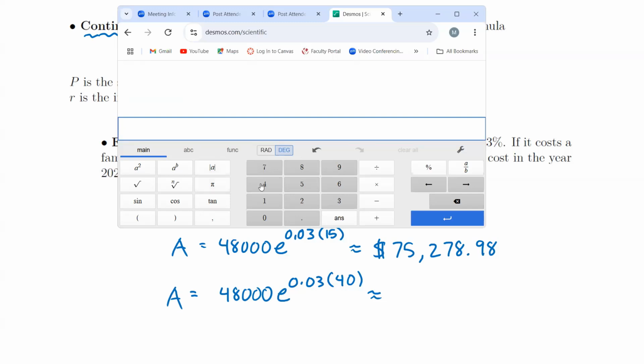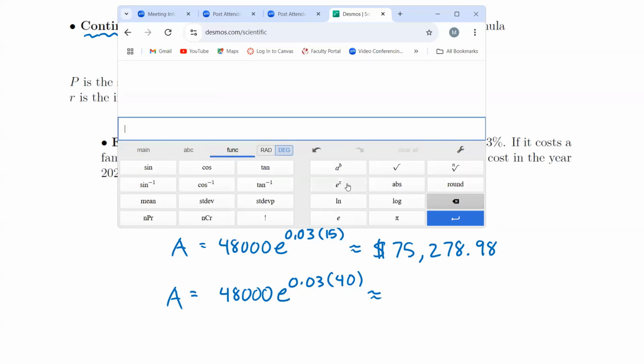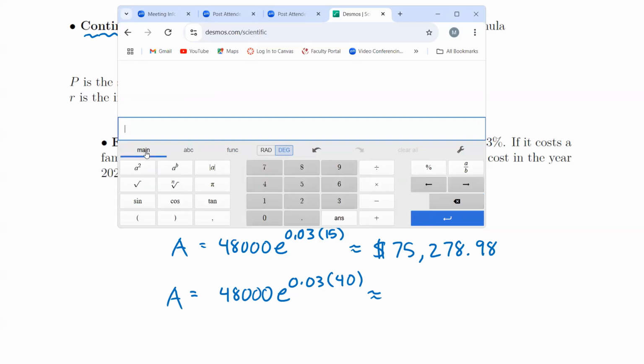You can also go through the menu here, and here's e to the x. So it'll do e with an exponent in there for you automatically. All right, so I'm typing this in: 48,000 e raised to 0.03 times 40.